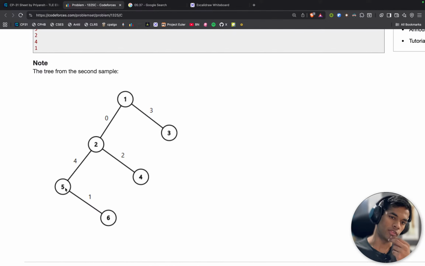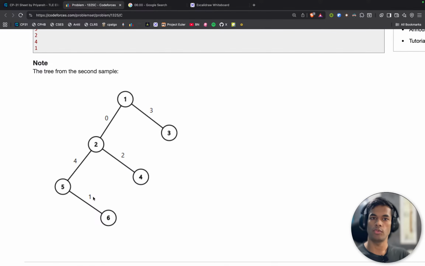Shit, this is the longest path. So is there a way I can have no path? No, there is no way. Okay, so max is always going to be at least 2.